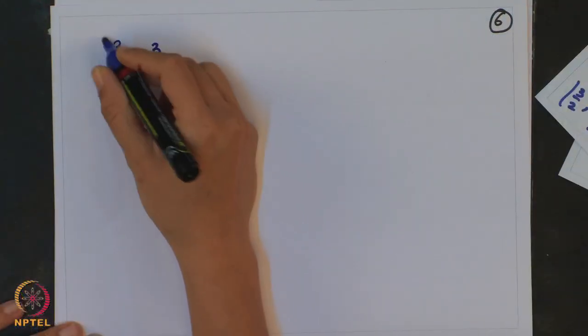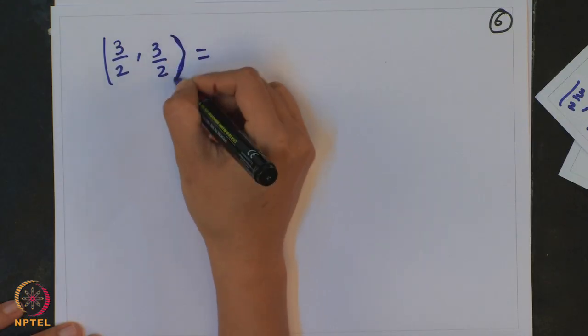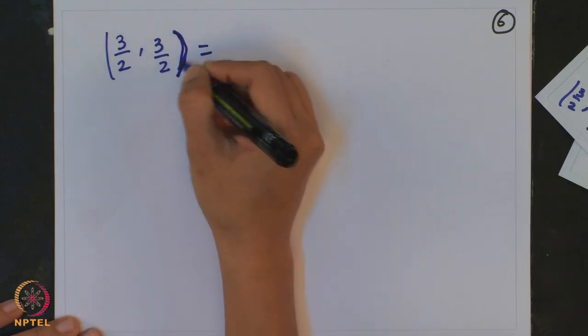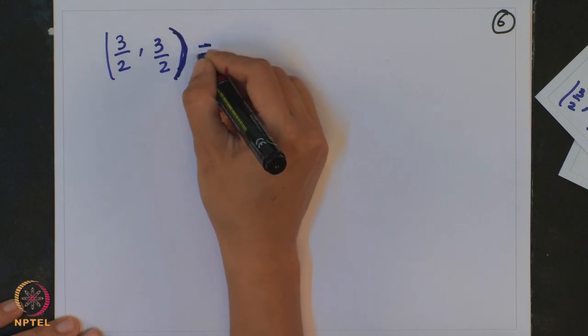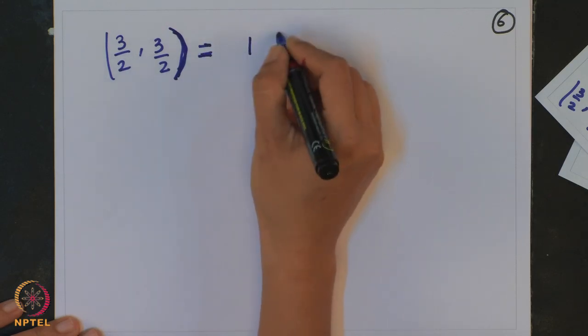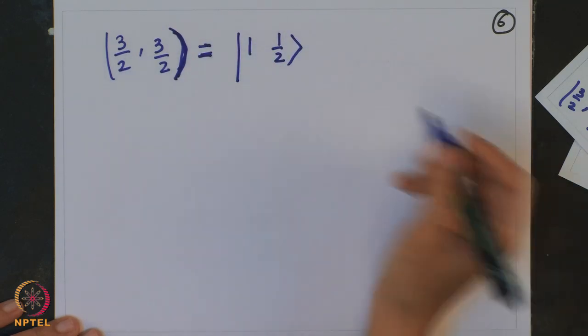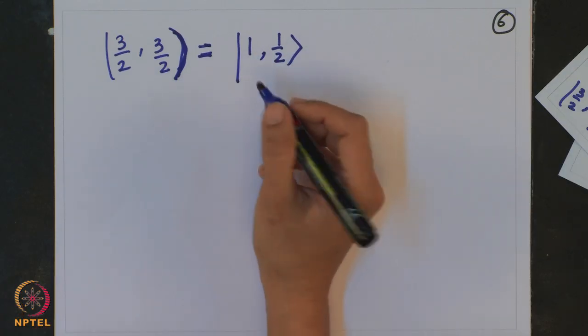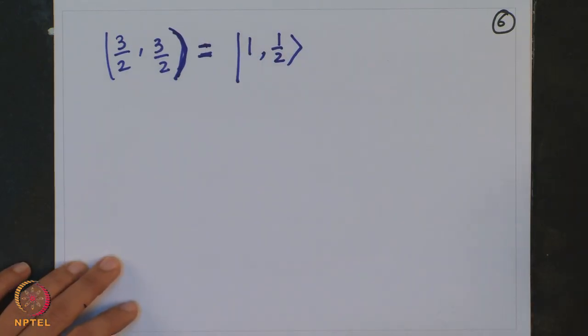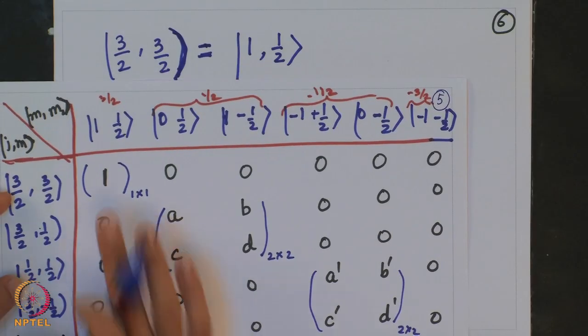Coming back to the evaluation part, the first term you have seen here, that is 3 by 2, 3 by 2, is in the coupled basis, and you can write this in terms of the uncoupled basis, correct. So, this is 1, from the table I can write this, agreed, correct.